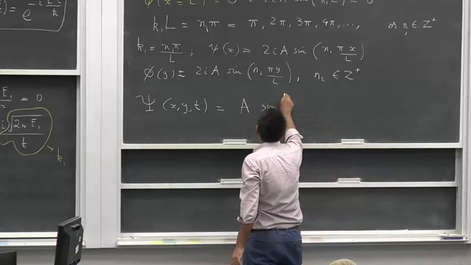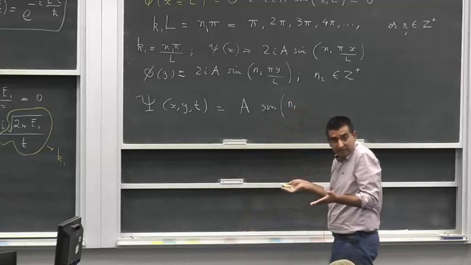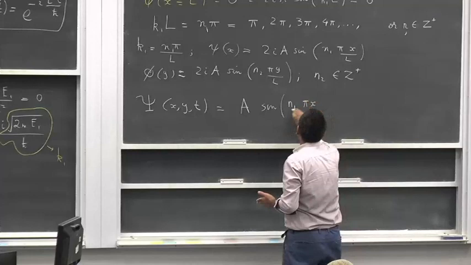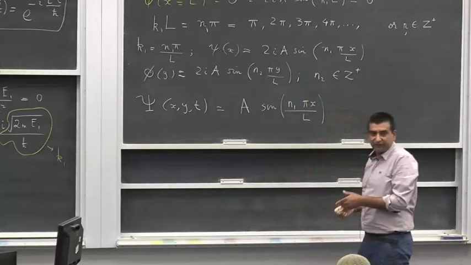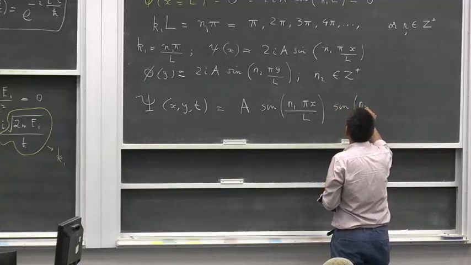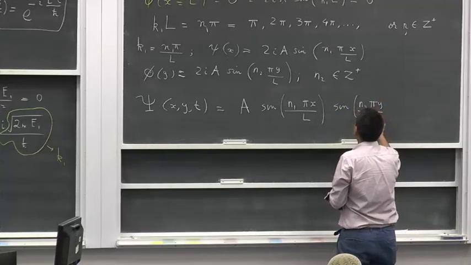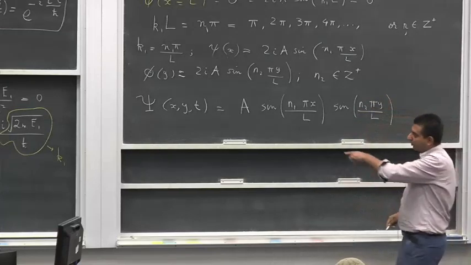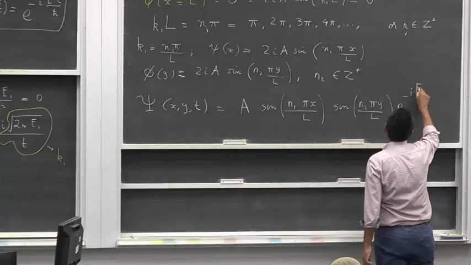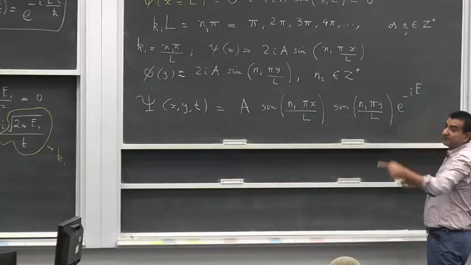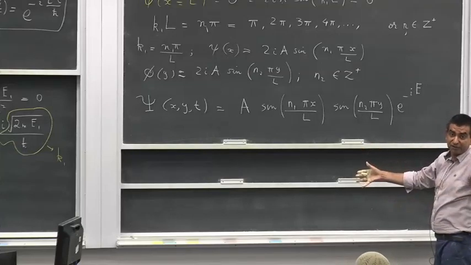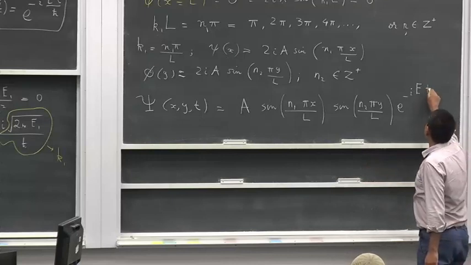A times sine of n1, which is a positive integer, pi x over L. This is the x component. I multiply this with the y component, sine of n2 pi y over L. And now I want the time factor, which is e to the minus iota E t over h bar, where E is neither E1 nor E2, it's in fact the sum of E1 and E2, which I'll show you is going to be the total energy of the system.